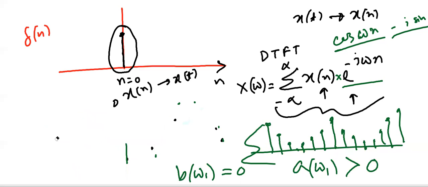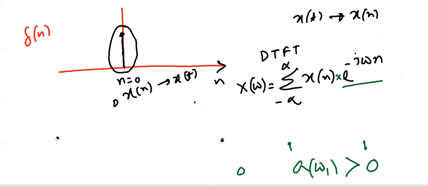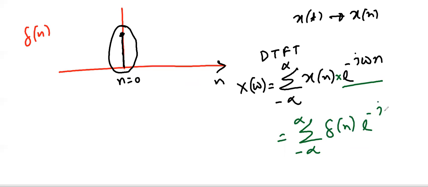Now come to the delta function. If we take the delta function as our example, which is our input, we can write it here: summation, n from minus infinity to plus infinity, x[n], which is our delta function, times e to the power minus j omega n.